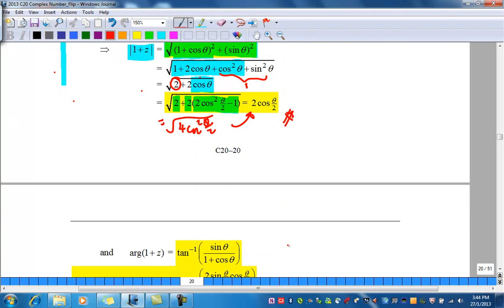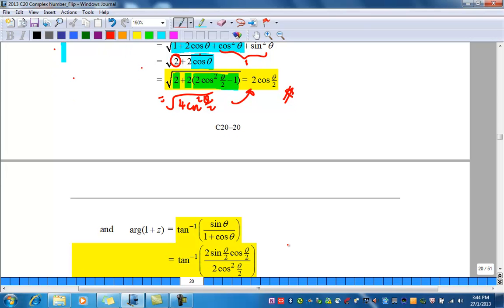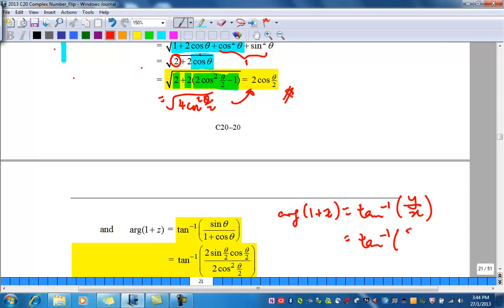Argument of 1 plus z. The argument of 1 plus z is equal to tangent inverse y over x, and y corresponds to sine theta, x is 1 plus cos theta, which is here.